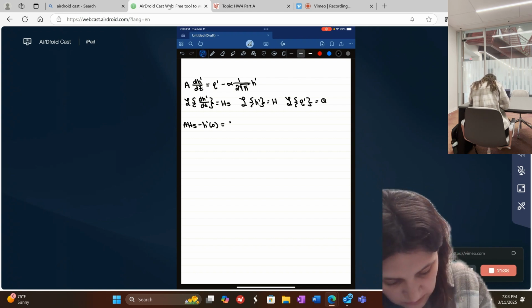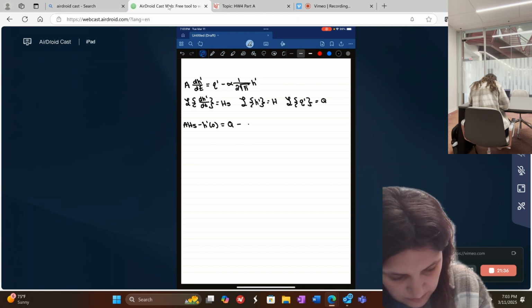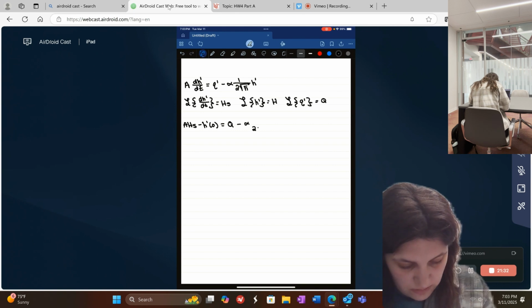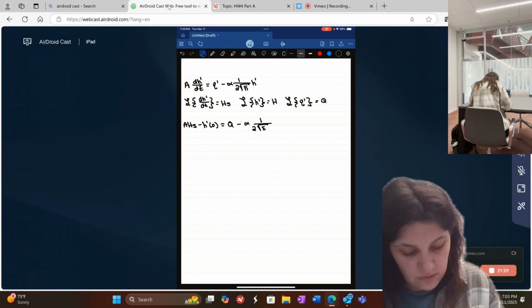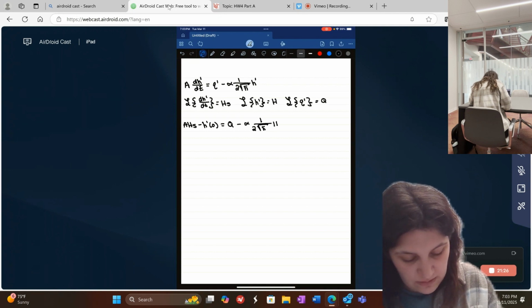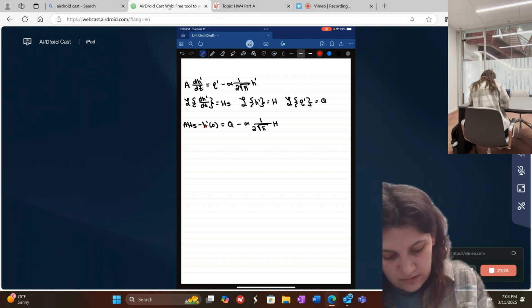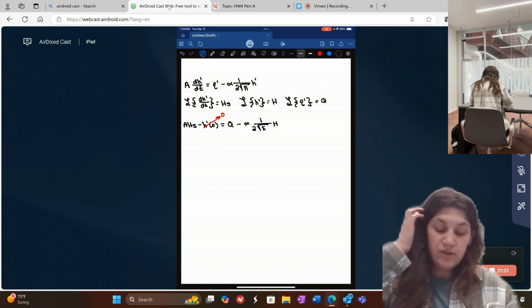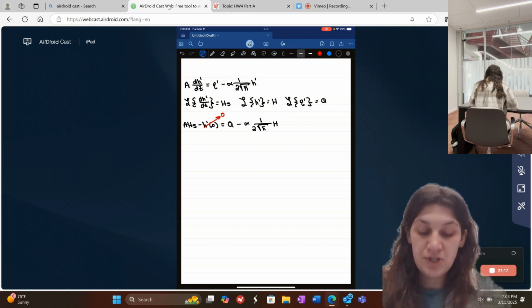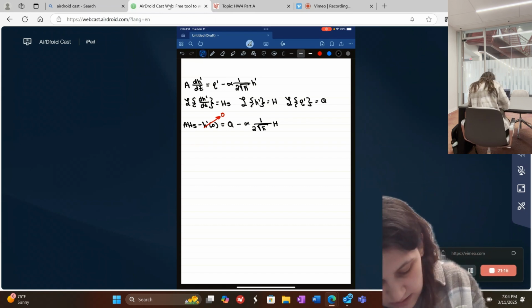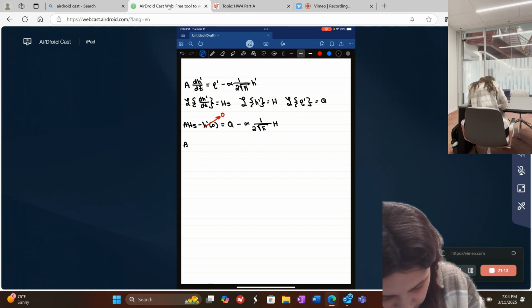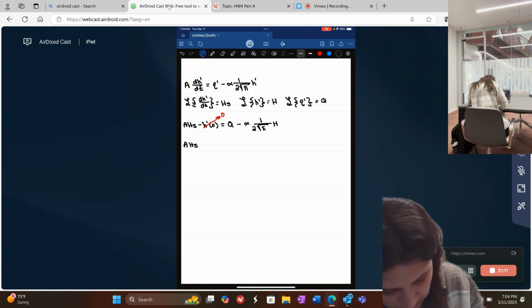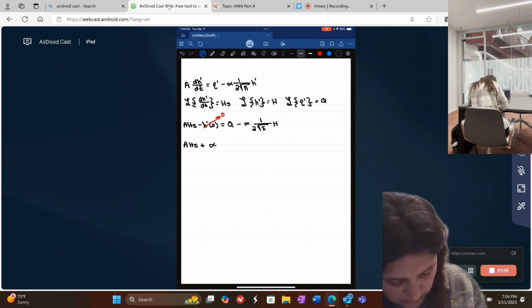Then we have Q minus alpha over 2 times the square root of h bar times H. Now this just goes to 0. And now what we want to do is isolate our output, which is H. So we can just bring this term over to this side.